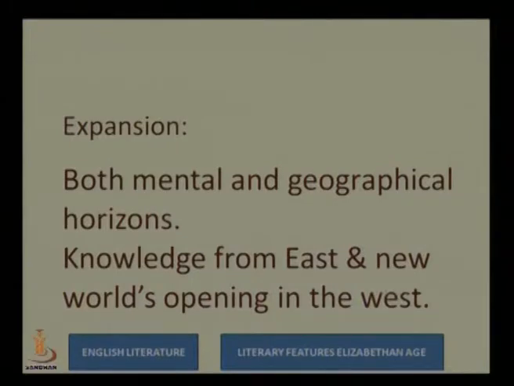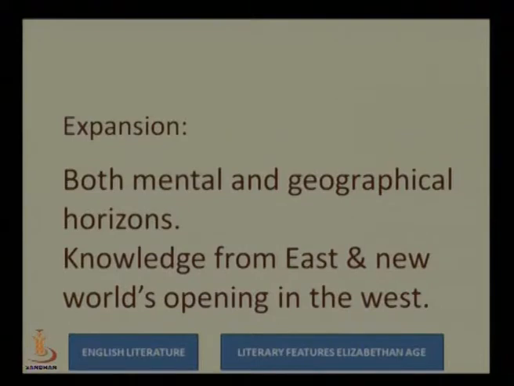When we look at the expansion part, we will find that this is a period where not only the mental horizons, but the geographical horizons also widened. What was the reason behind this?